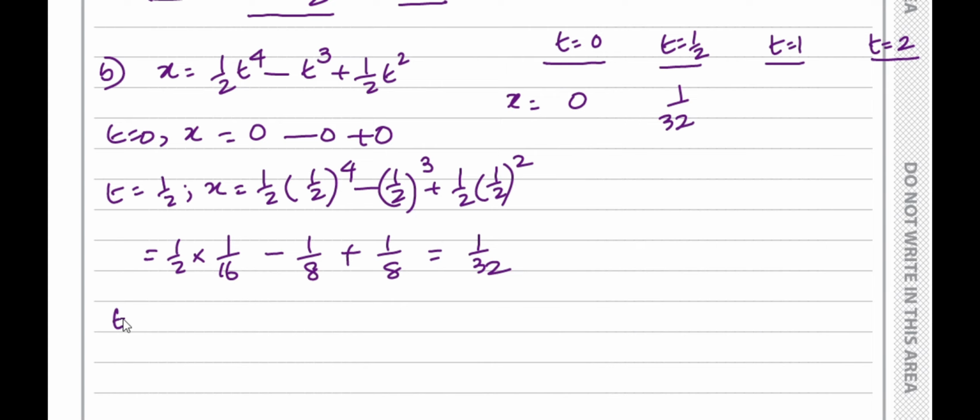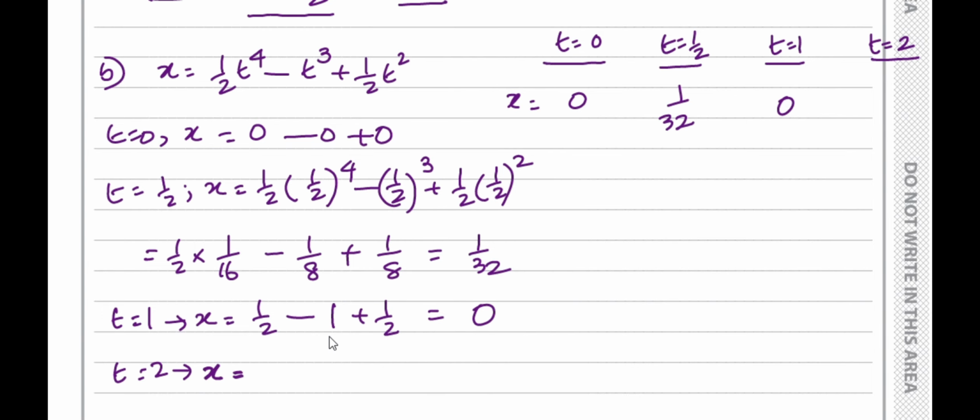So now we are going to put t is equal to 1. Okay, so therefore x is equal to, when t is equal to 1, half times 1 is half, then minus 1, and then plus half is overall equal to half, and half minus 1 plus half is 0. Cool. Now we are going to put t is equal to 2. So let me write here, this is 0. Okay, so when t is equal to 2, x is equal to what?